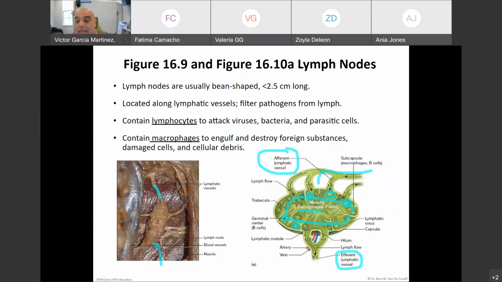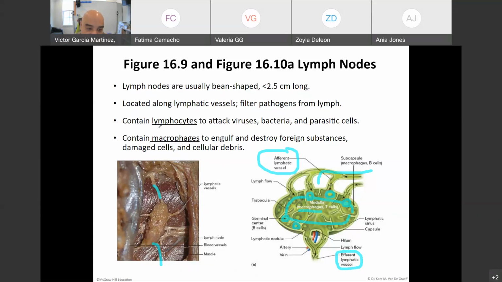They are specialized in phagocytosis, in engulfing and eating solid particles such as viruses, bacteria, etc. Then we have T cells, lymphocytes T, as in Texas. T cells are in charge of the cellular immunity. We're going to be talking about that in a minute.